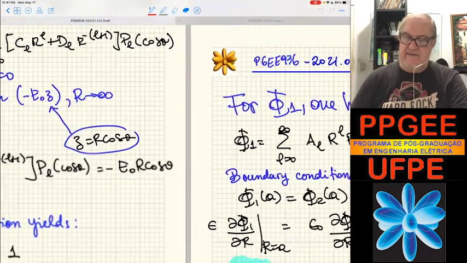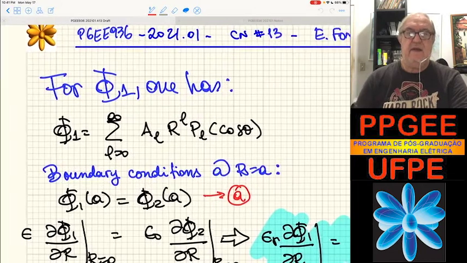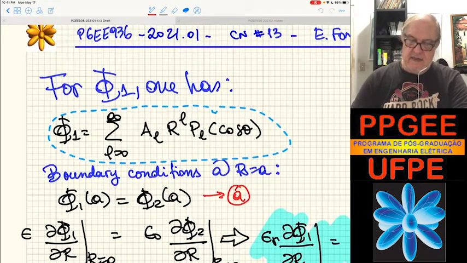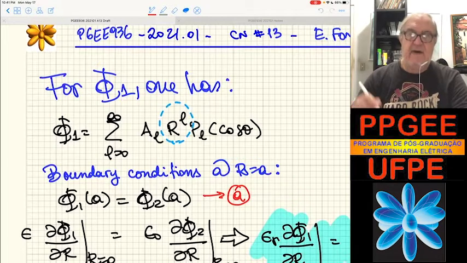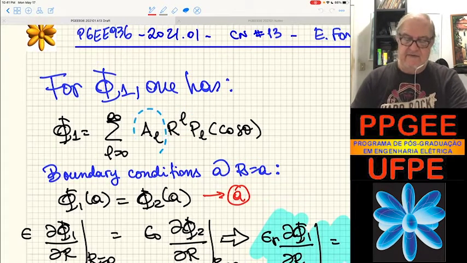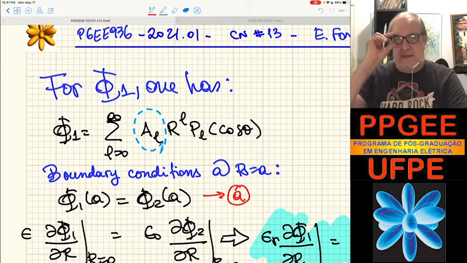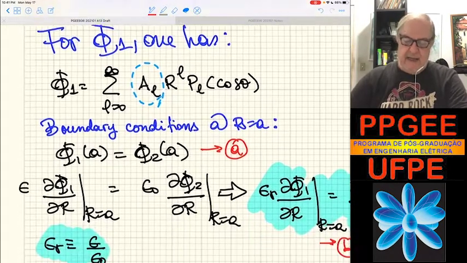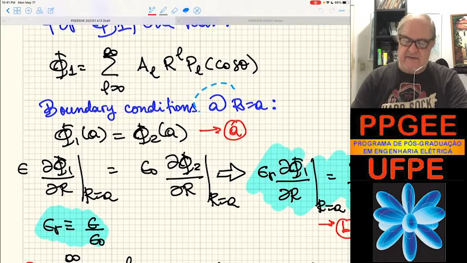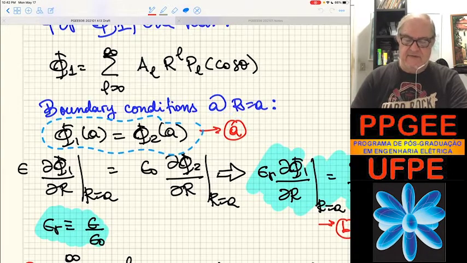For the function inside, we have this behavior here. The constant with negative power has been eliminated. We have an infinite discrete set of constants, again. So we have to apply boundary conditions at the spherical surface. One is continuity of the potential function.